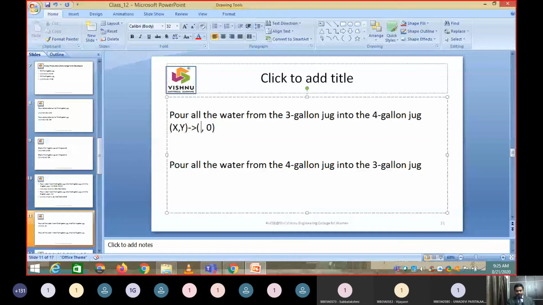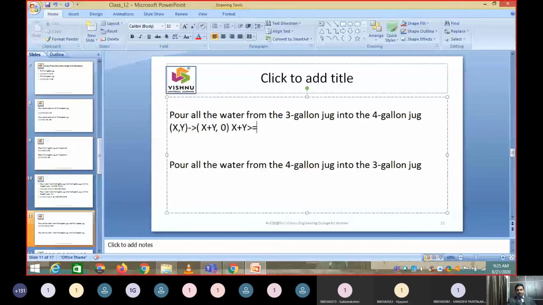Then what will be here? X plus y. Okay. So if you want to write the condition, I can write x plus y can be greater than or equal to 3.